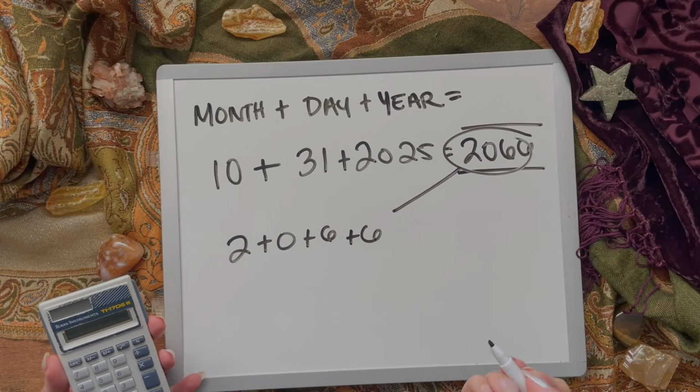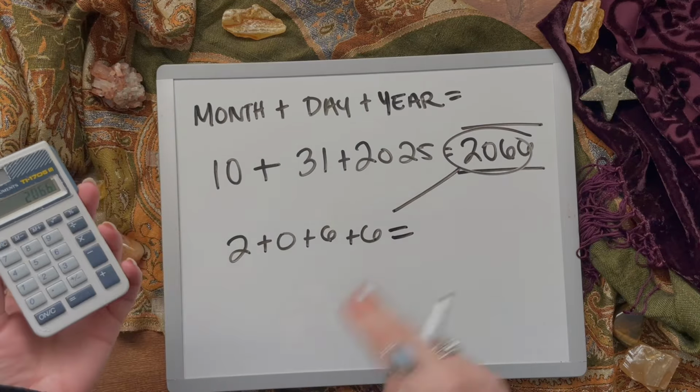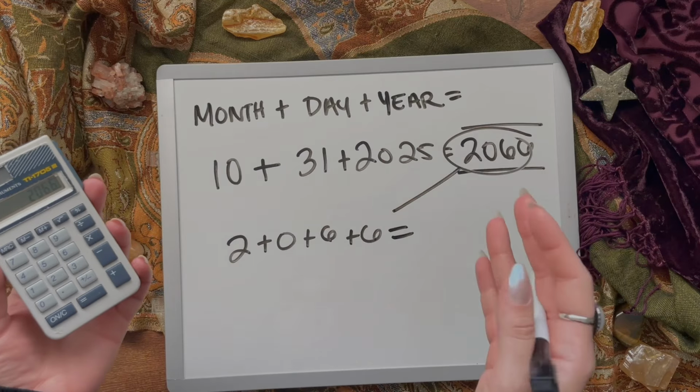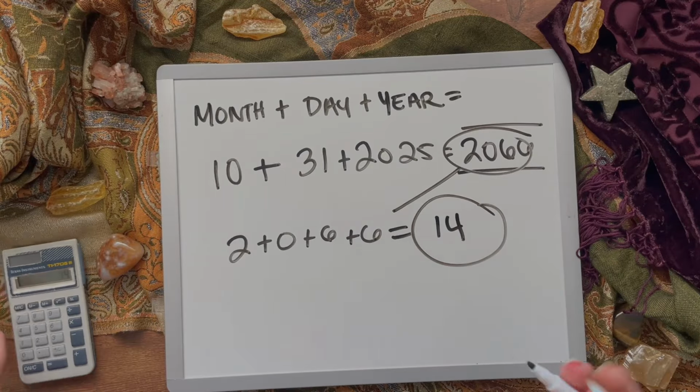Obviously, you don't need to put 0. I'm really weird and I like to include all the numbers. It makes me feel better. Okay, so obviously I could just add this myself, but because I have the calculator here, we're going to end up with 14, but let's just plug it all in. And boom, 14.